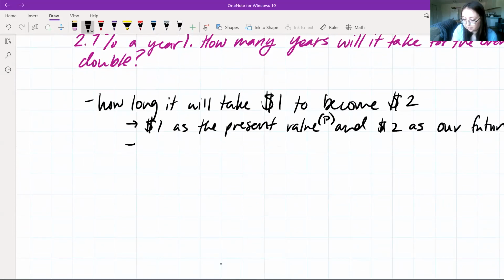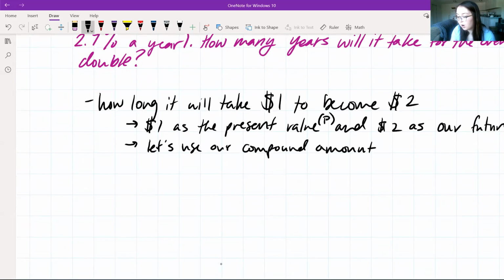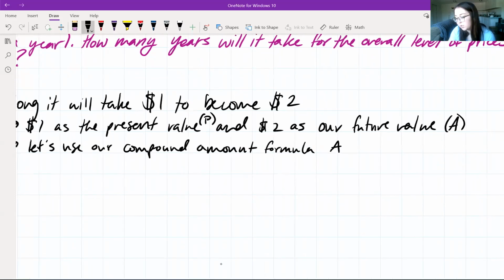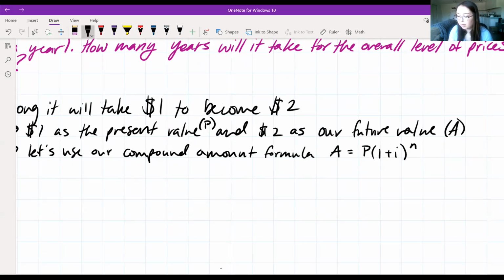So now, let's use our compound amount formula, our compound interest formula, which we know is just A is equal to P times (1 plus I) to the n power.